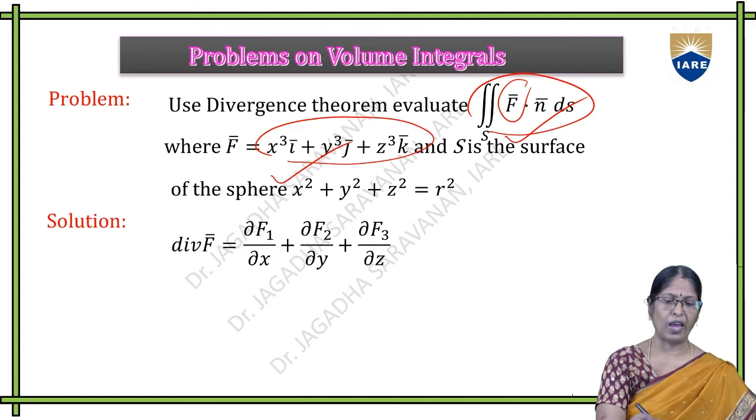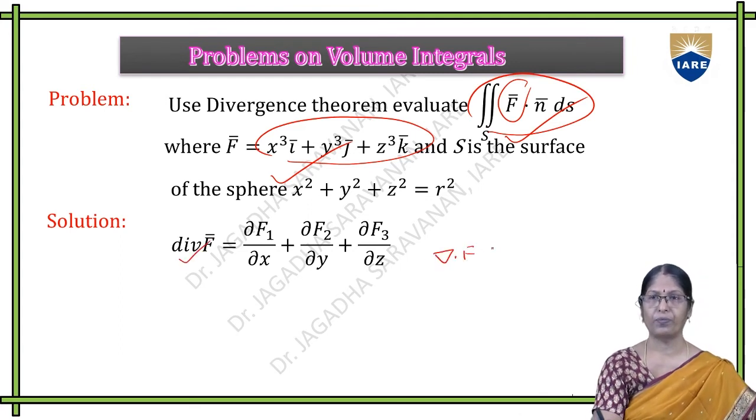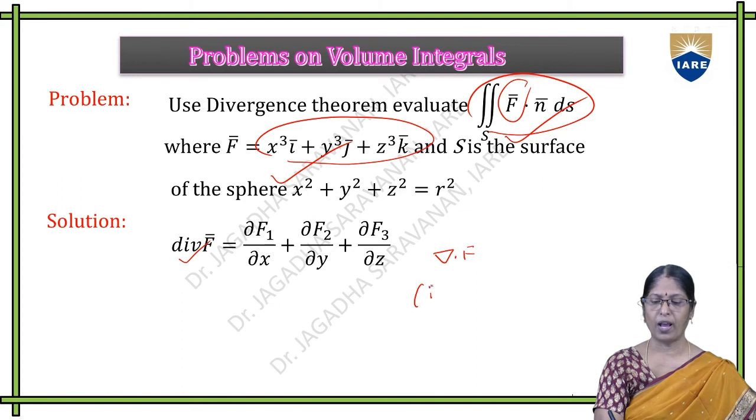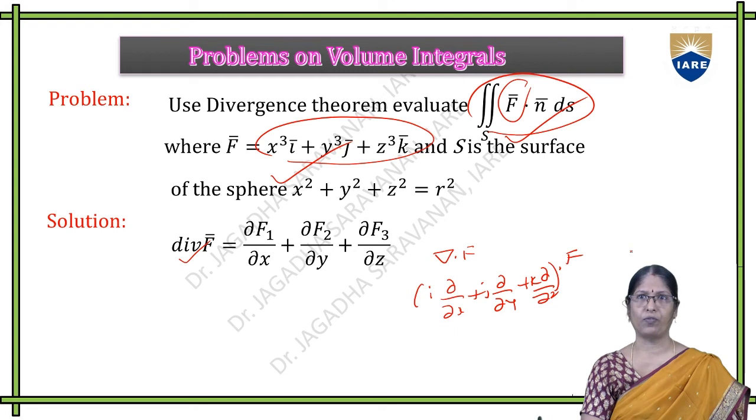Now the divergence of F, that is grad dot F. Grad is nothing but i del by del x plus j del by del y plus k del by del z, dot our vector function.